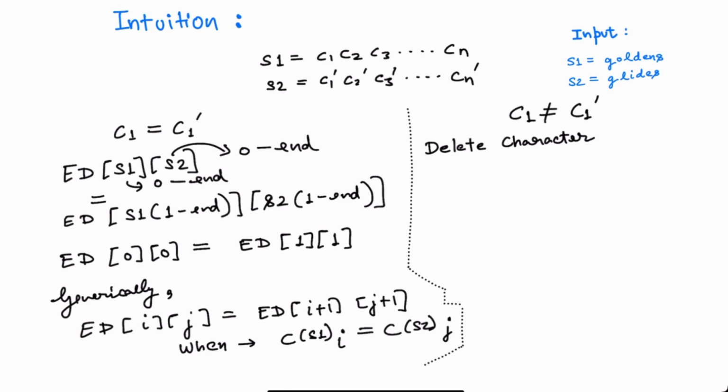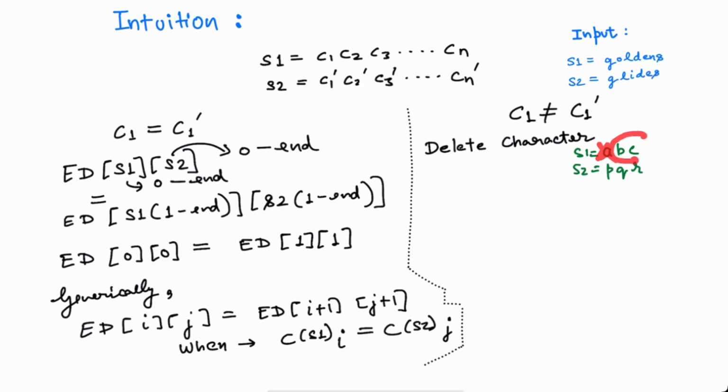Now let's take a look at the case 1 where we delete a character. Let's take one example. Maybe we have the string 1 as, let's say, ABC and the string 2 as PQR. Now, the first characters are not matching and we have opted for deleting the character from the string 1. So we delete the first character A. So what remains?